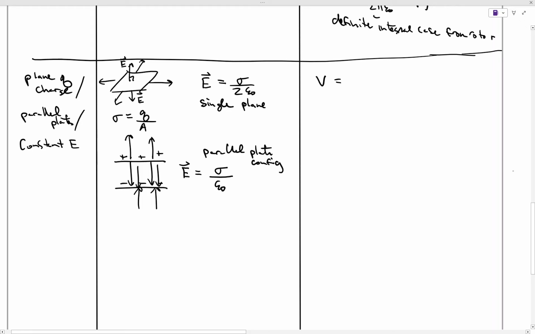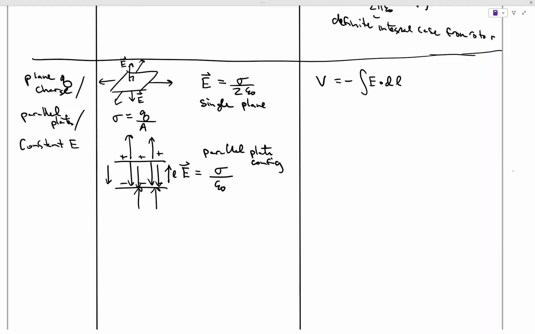Well, the potential in this case, starting from the same point, integrating E. Now, integrating E in this case is going to be really simple because E is basically a constant. But let's think of it as, our L direction would be going this way, but our E direction would be going this way. So notice that those are pointed in opposite directions.